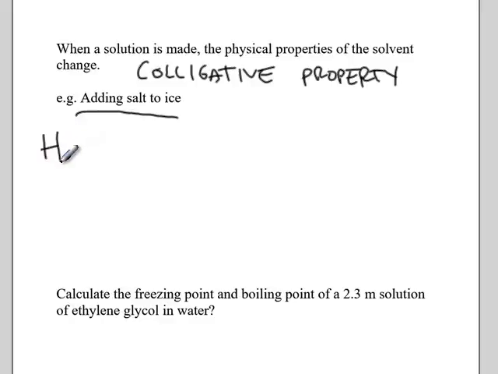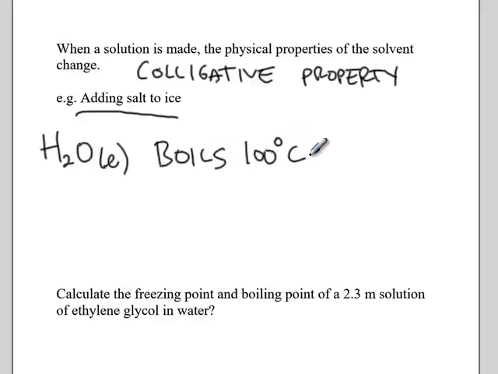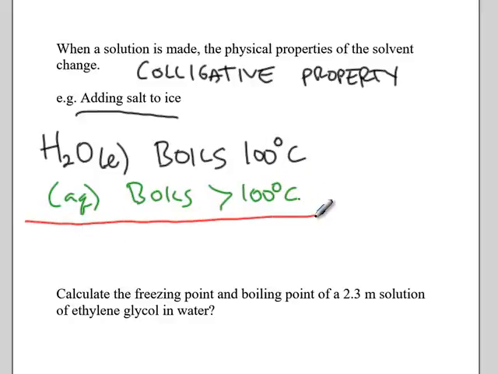We know that pure water is going to boil at 100 degrees Celsius. If we have a solution where we dissolve, let's say, salt in that water, then the boiling point is going to be some temperature greater than 100 degrees. And for freezing, it goes the opposite way.